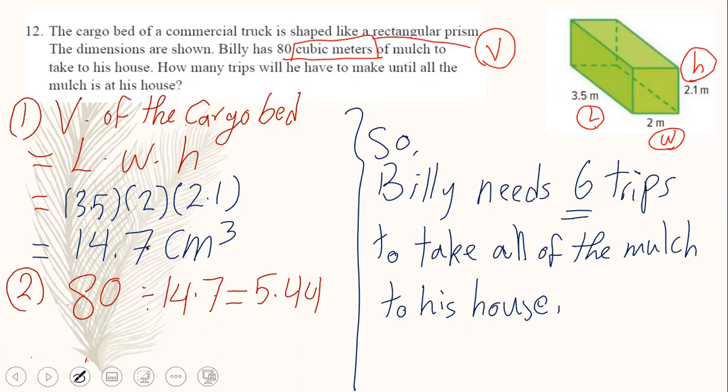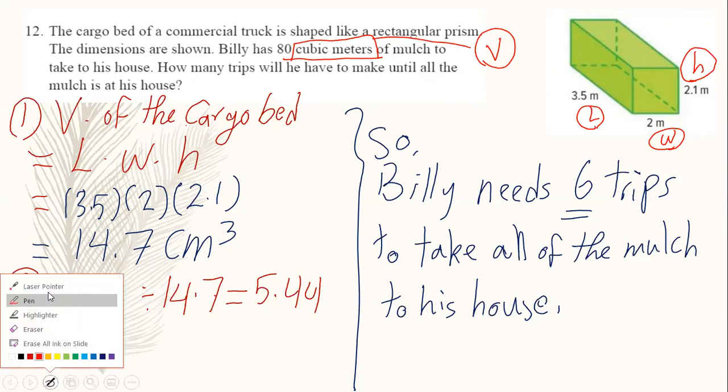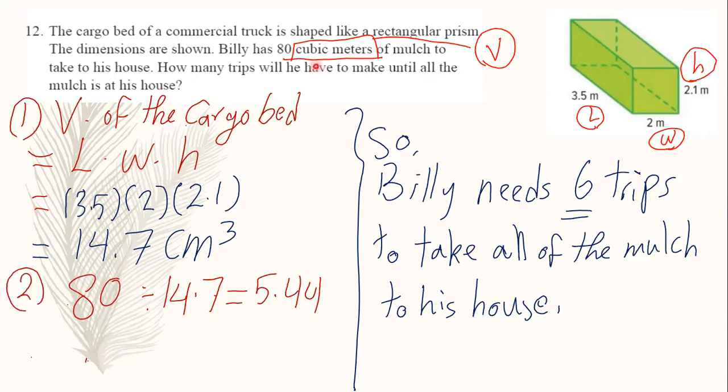First of all, we should understand that 80 cubic meters is the volume of the mulch, which he's going to move to his house using this cargo bed. So the 80 cubic meters will be divided by the volume of the cargo bed to figure out how many times the cargo bed will be filled to finish the whole mulch and take it to the house.